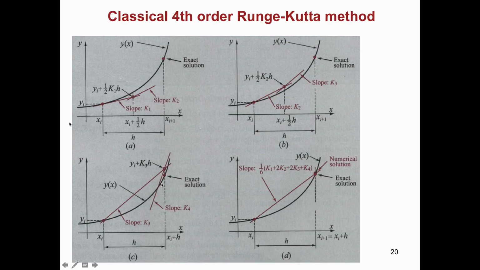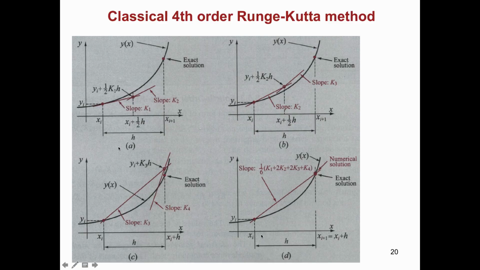That's this red right here. That's my slope k4. Those are my 4 slopes. And when I take the weighted average of these, 1/6 k1 plus 2/6 k2 plus 2/6 k3 plus 1/6 k4, I get right here. And my exact solution is pretty close.